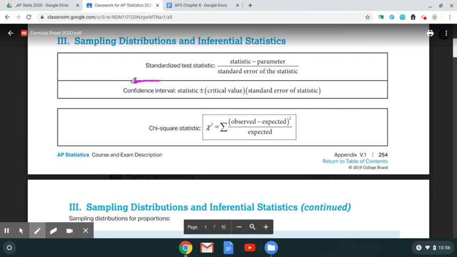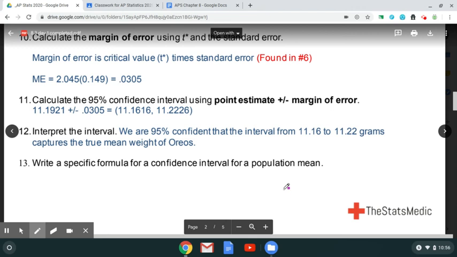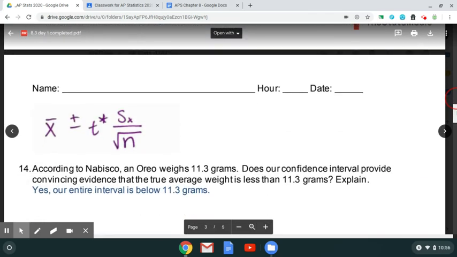So you have the structure right here, but you don't have the legit formula. So that's what this next question wants you to do, is write a specific formula using symbols and notation for a confidence interval for a sample mean, because that's what you're going to have to do on your AP exam. You're going to have to take the words and specifically write it.